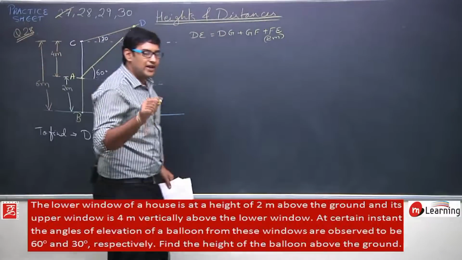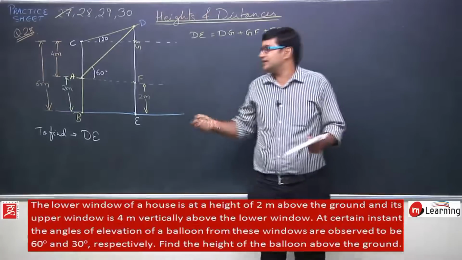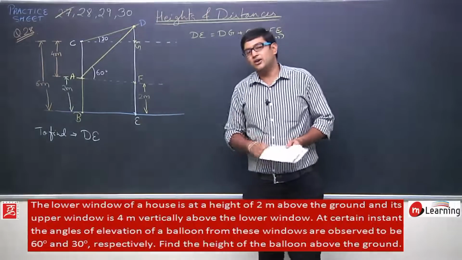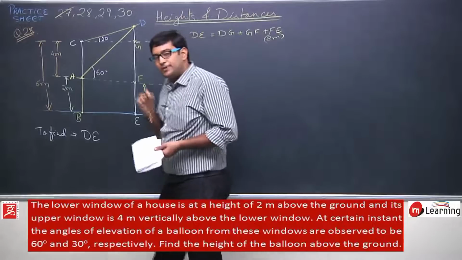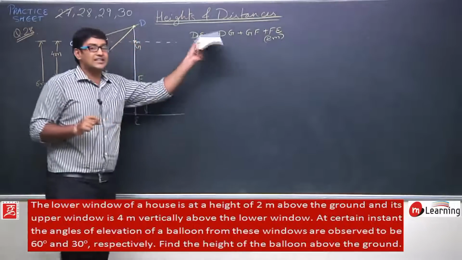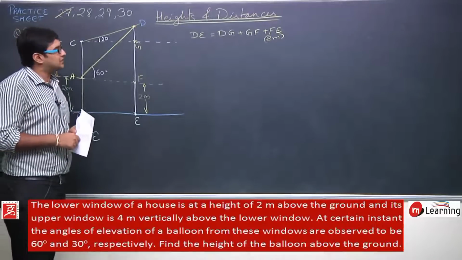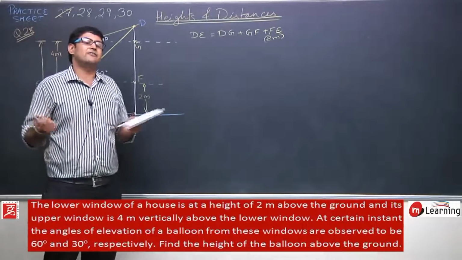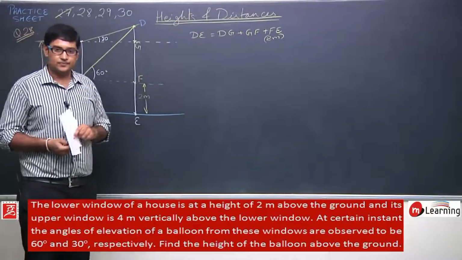If somehow I calculate the value of DG and GF, I will be able to determine the length of DE, or the height of the balloon. So my approach should be to determine the length of DG and GF. If I determine the lengths of DG and GF, I will definitely get the value of DE.